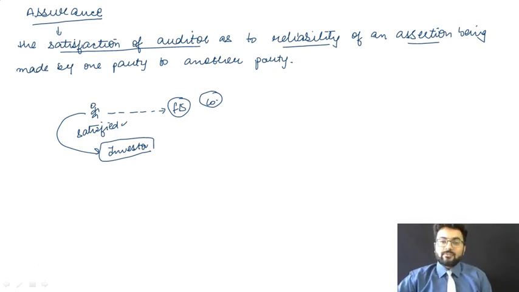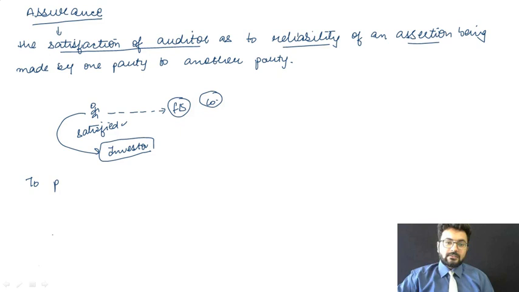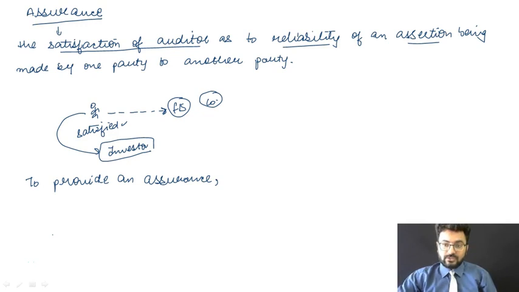In order to provide an assurance, it's not that the auditor is going to check just the financial statements. The financial statements are based on the vouchers, the journals, ledgers, and so many accounts which are prepared.